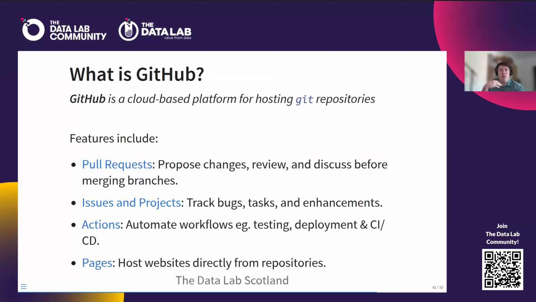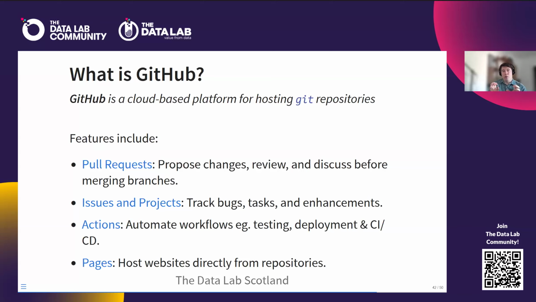And the sort of features that GitHub offers, there are a few listed here. And these are really incredibly powerful features that enable us to work more effectively together on a code base that's being version controlled. And I'm going to chat a little bit more about these as we progress. But the first one is pull requests. Amelia showed us that nice diagram of how we can use branches to progress through our tasks, and talked a little bit about merging those branches.